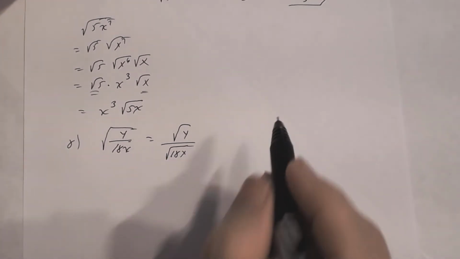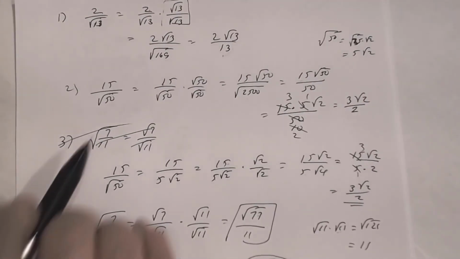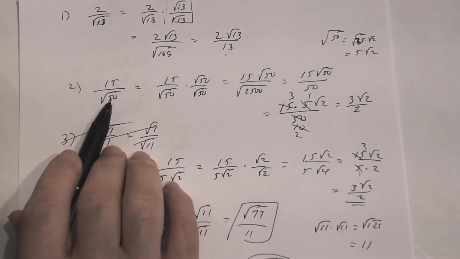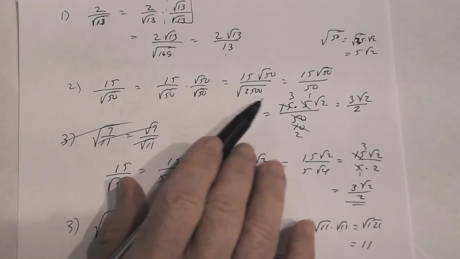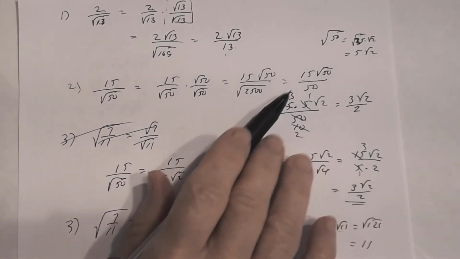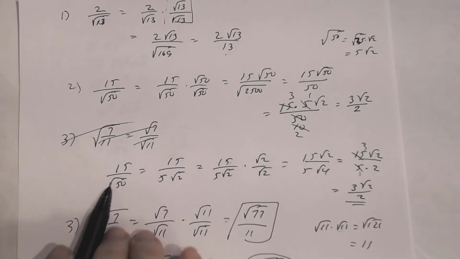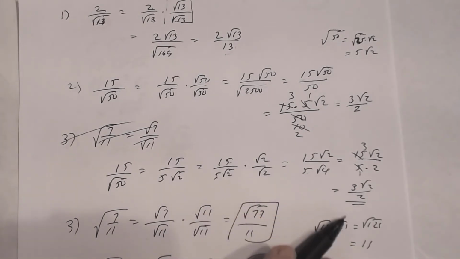Now, just like we did in number 2, if you don't want to simplify the denominator first, you can multiply both numerator and denominator by the denominator to rationalize it and go from there. Or, like we did here, you can simplify the square root first and then rationalize. It does not matter.